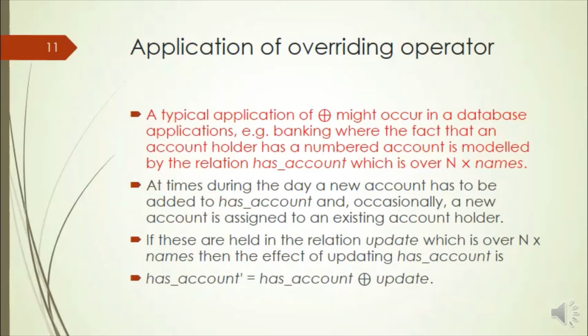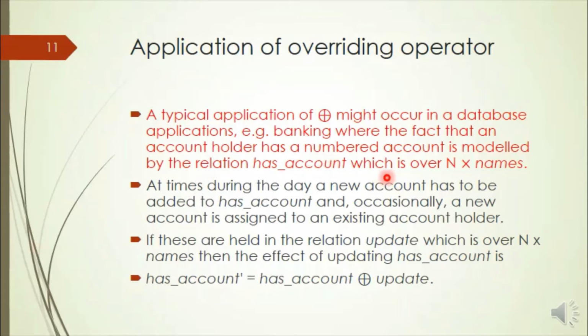A typical application of the overriding operator might occur in database applications. For example, banking, where the fact that an account holder has a numbered account is modeled by a relation variable has account which is over N cross names, where the relation variable has account has two attributes.